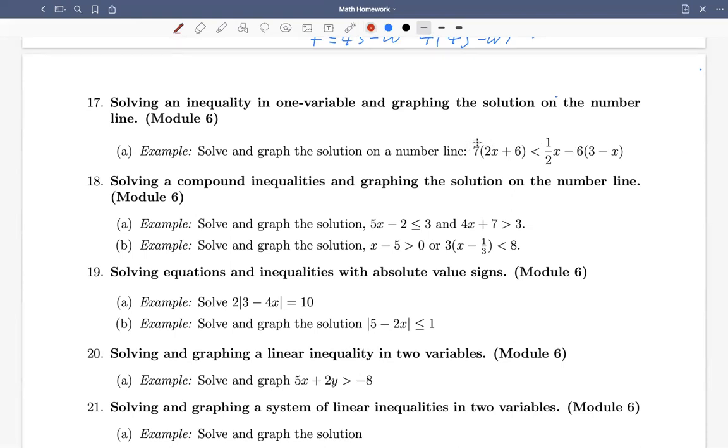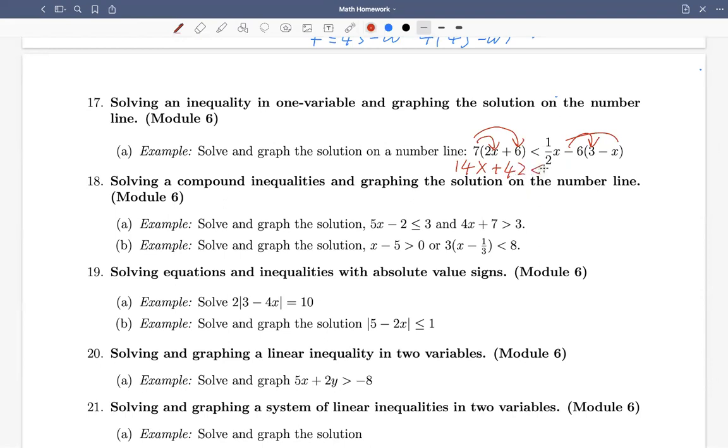So we distribute this 7, which means we multiply 7 with the 2x and 7 with the 6. Then same thing on the other side, we need to multiply -6 with 3 and -6 with negative x. So 7 times 2x, that's 14x. 7 times 6, that's 42.